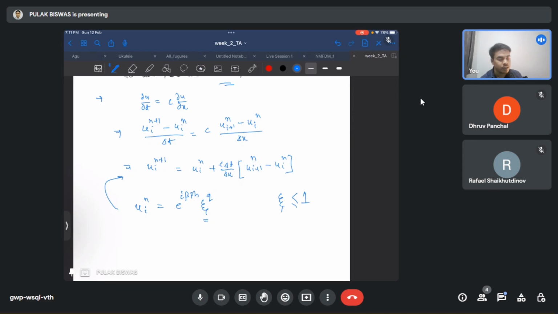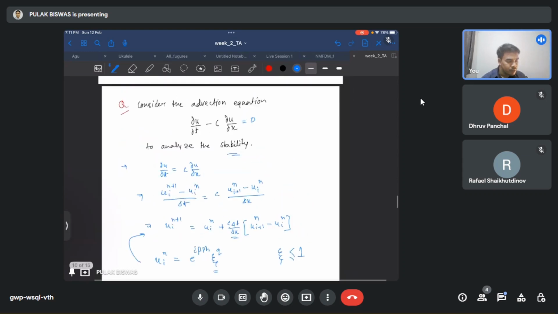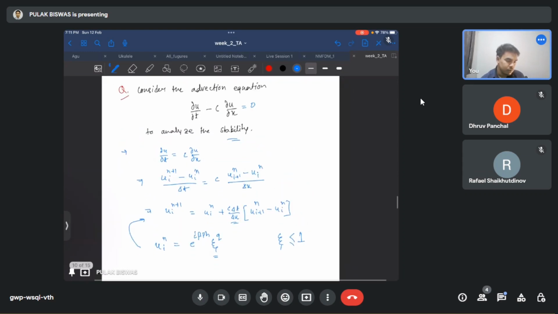If it is less than 1, then the scheme is stable, and that may give rise to some relation between delta t and delta x. You can try this one later, or can you try right now, like what is coming?